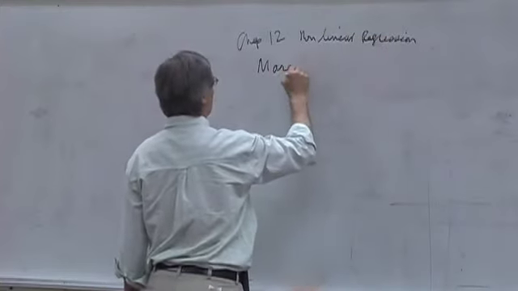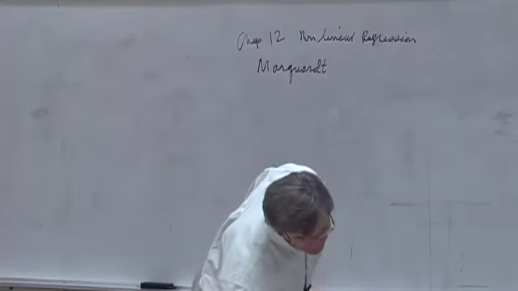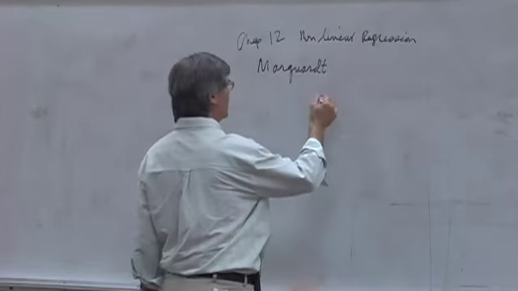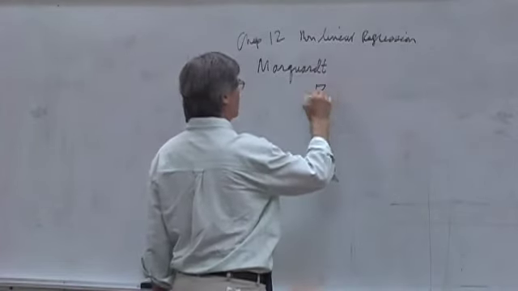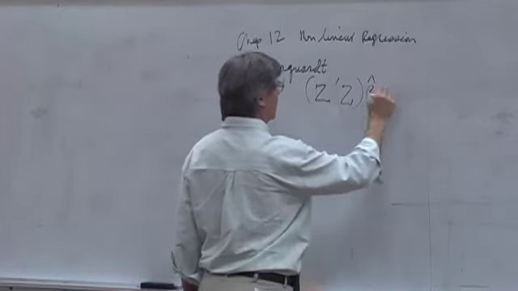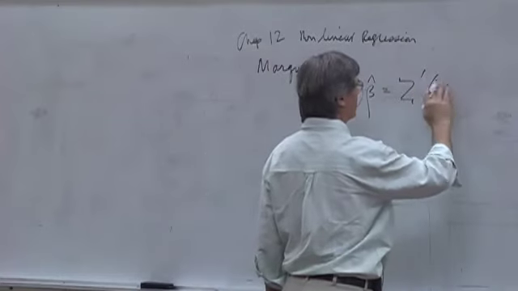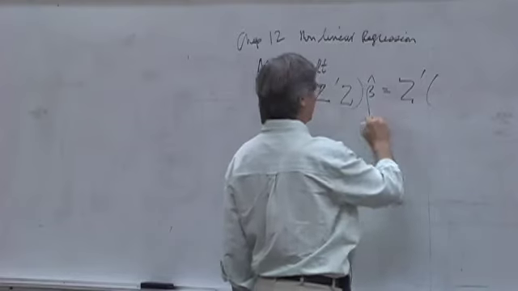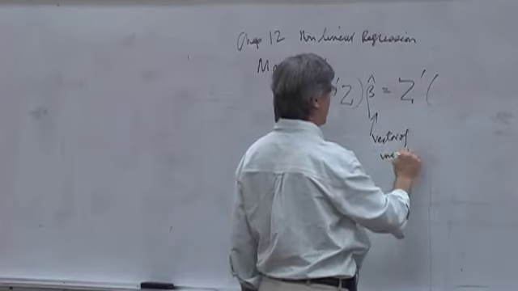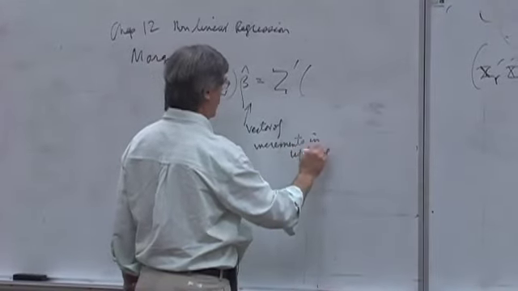Marquardt considers, I think that's how you spell it. Marquardt has suggested the following. Instead of using Z prime Z beta hat equals Z prime y, this is the vector of increments in updating theta hat.